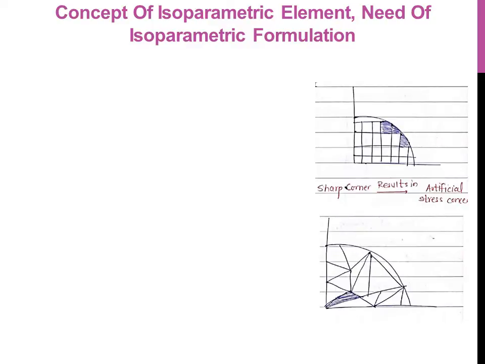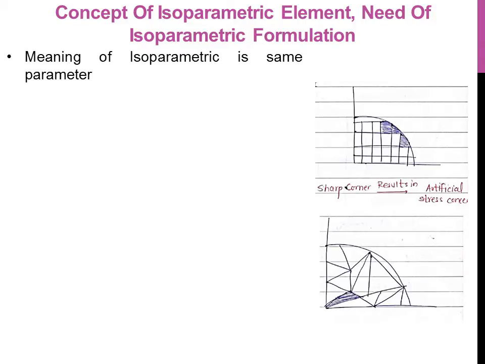In the right hand side figure you can see that one element is there, and that element consists of curved boundaries, and that continuum is divided with the help of rectangular elements in the first figure, and in the second figure the meshing is done with triangular elements. So what happened here we will see later.